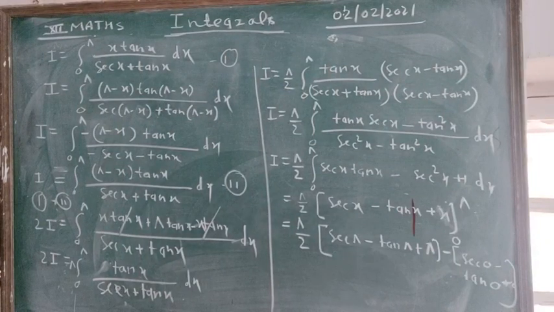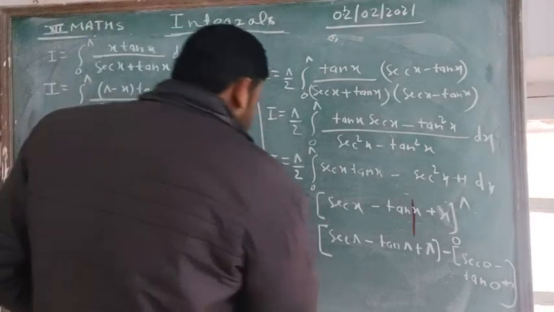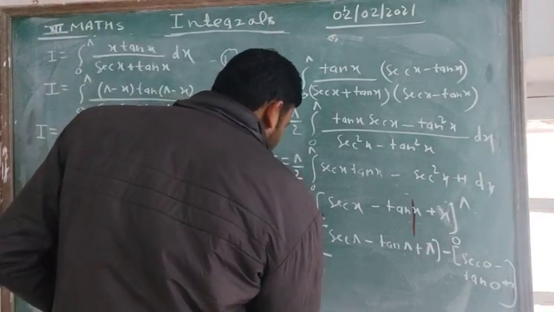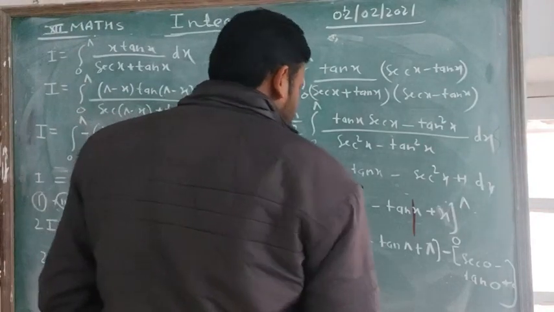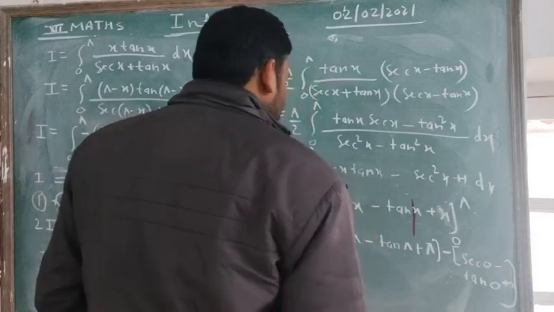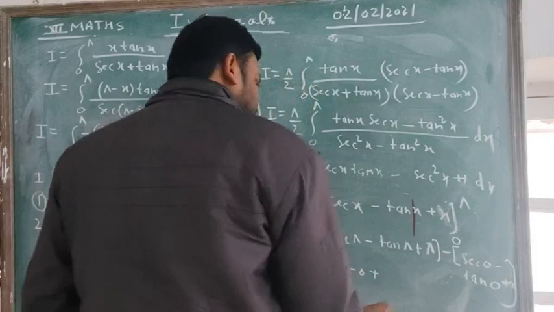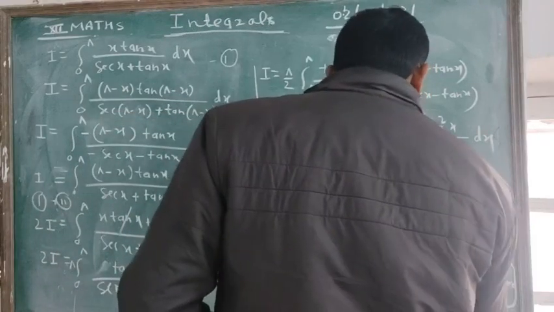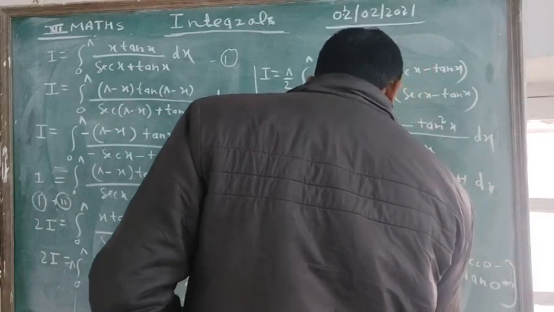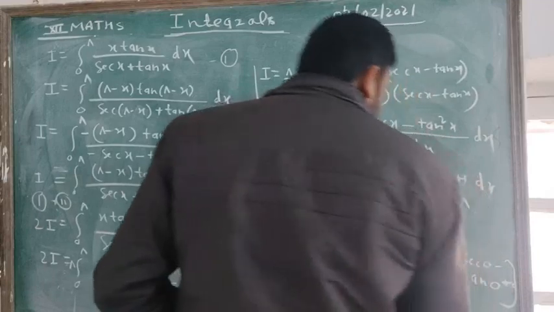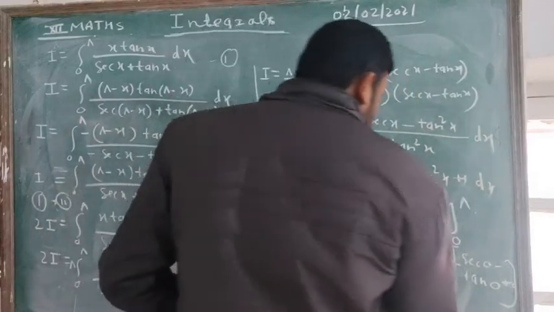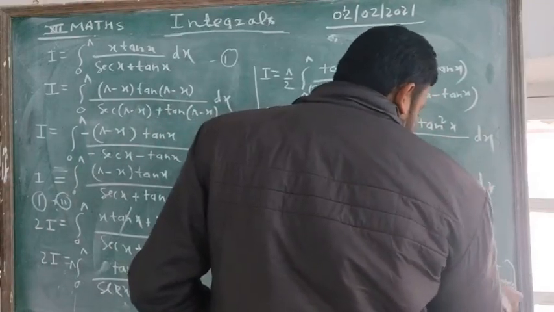So we get here pi by 2, and this is sec pi which is minus 1, and this is tan pi which is 0. And this is minus sec 0, which is cos 0, which is 1, and tan 0 is 0.